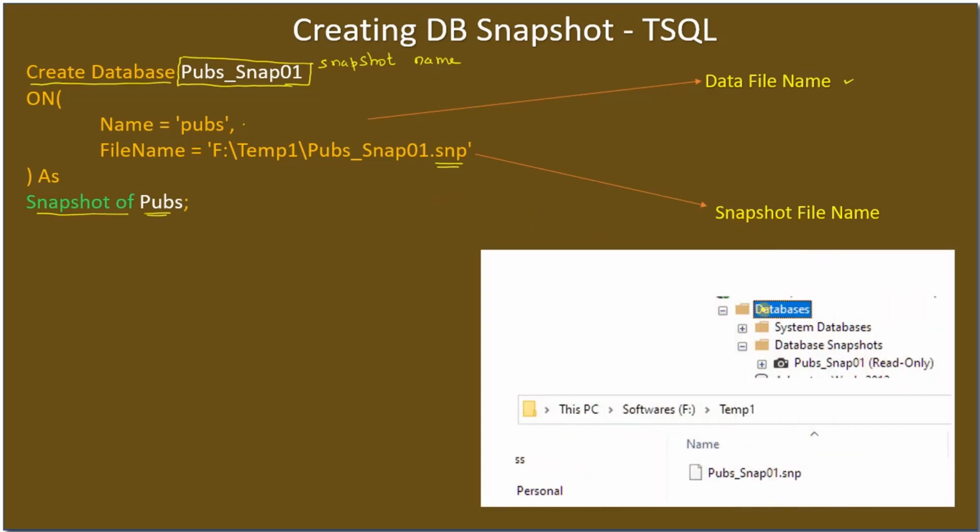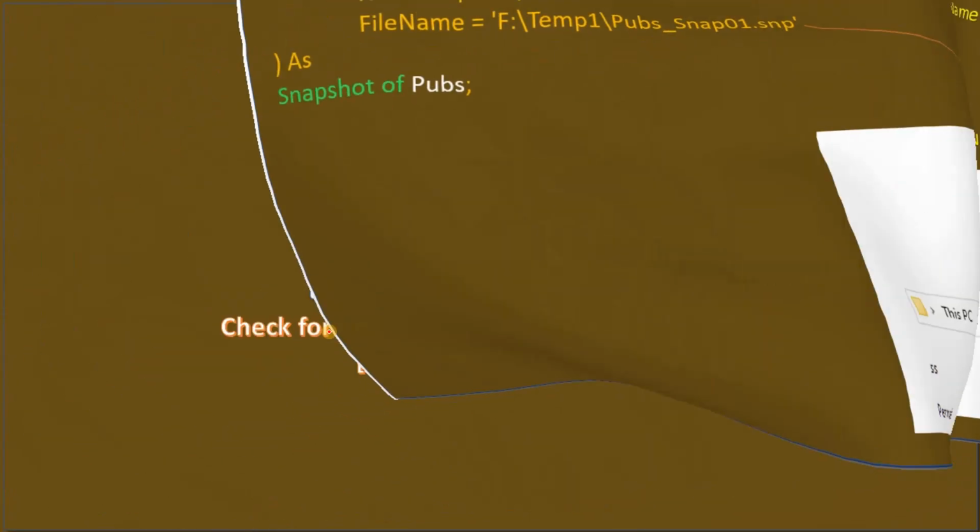Once you take a snapshot, you can see under the database node, Database Snapshots, pubs snap 01 displayed here. It also shows that snapshots are read-only, and you can also see the file created in the specified location. Now let's go to the demo.